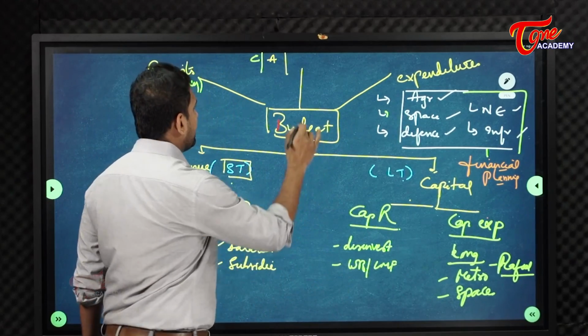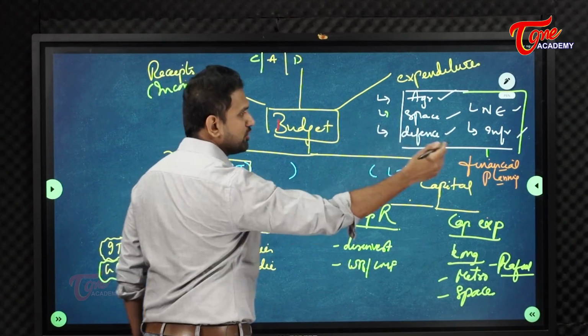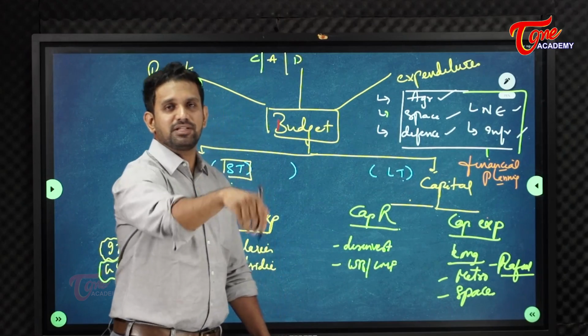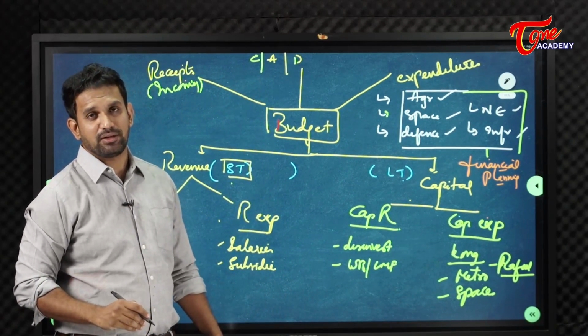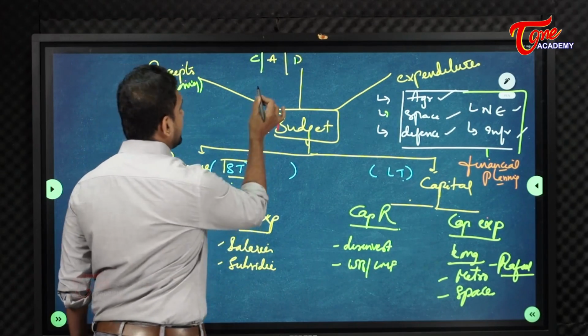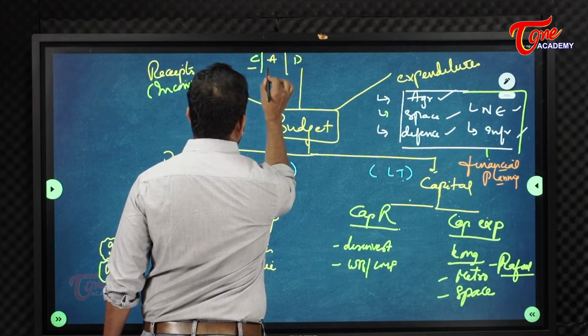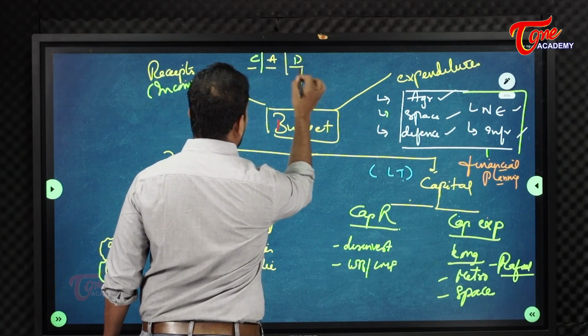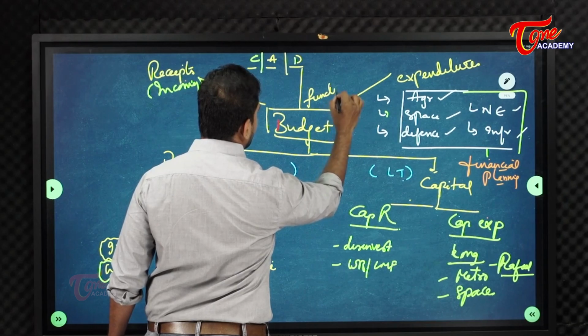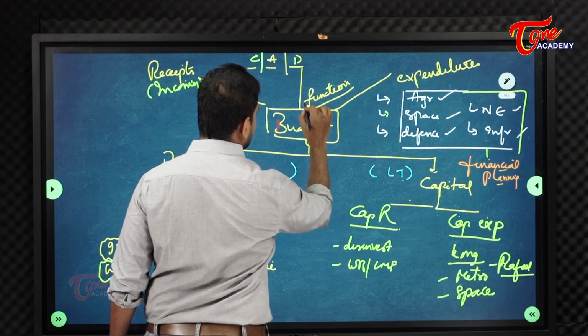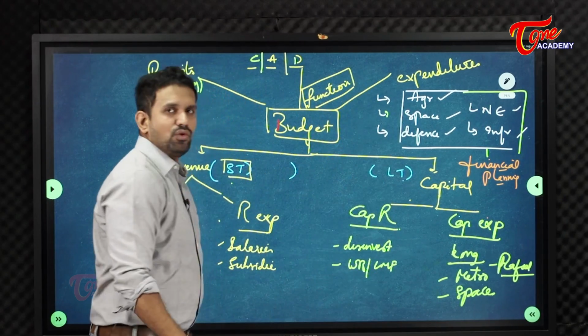Then we have distribution, means giving to them. Disbursement means sending the money to the particular ministry. That is called as what? Disbursement. So you can understand collection, allocation and disbursement or distribution are the functions of budget.